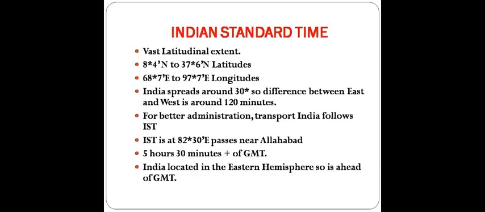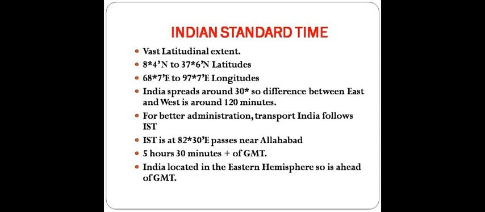India is spread vast, around more than 3,000 kilometers. What are the latitudes of India in which India is located? India is located in between 8 degree 4 minutes north. We count it as that apostrophe. Apostrophe is also called a minute. So 8 degree 4 minute north to 37 degree 6 minutes north latitudes. These are the latitudes of India.